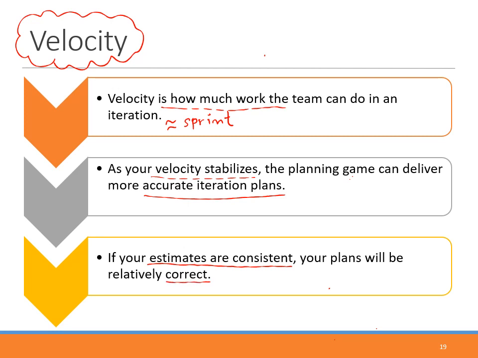And the estimation, like how many user stories you can finish in one sprint, how many sprints it requires to finish some feature in a release, once it can be very accurate, it is very good for the team and very good for the customer. So why would velocity not be stabilized? Actually, for a team, when everyone in a team is very new, or maybe even some new members join the team, right?